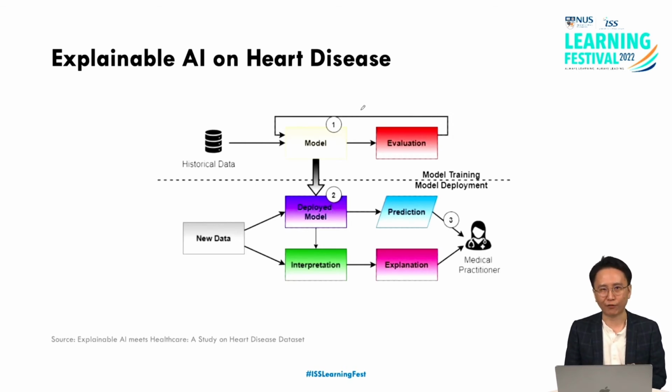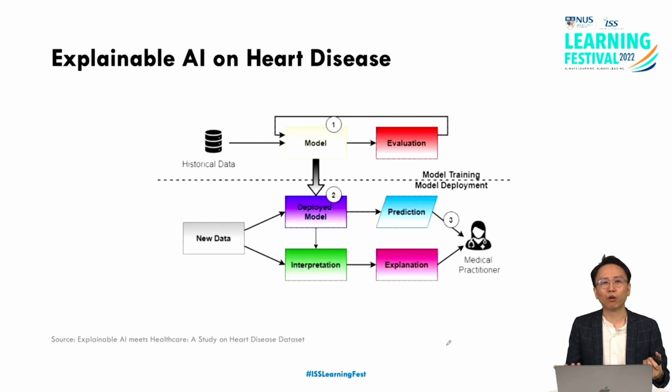The training and evaluation based on the historical data leads to the generation of models which are deployed in a production environment, which in the figure is highlighted with circle 2. In the actual implementation, when new data comes in, the data is supplied to the deployed model and an explainable AI module.